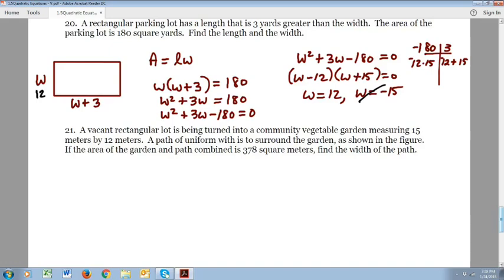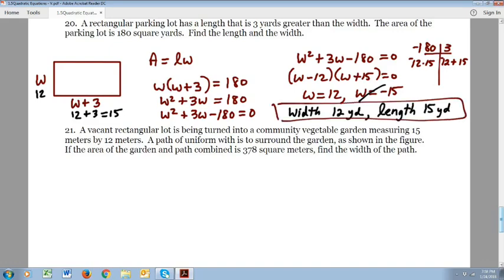So we know our width is 12, and to find the length, we just plug in 12 for W, since it's W plus 3, it'll be 12 plus 3, which means our length is 15. So our final answer here is we have a width of 12 yards and a length of 15 yards, because we are working in yards here.